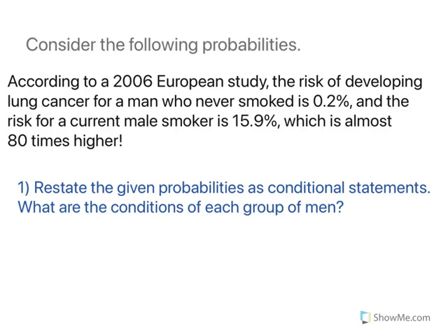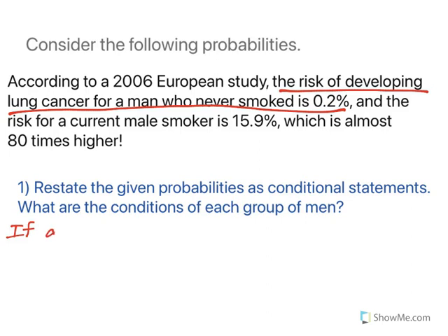So we're going to restate these two probabilities as conditional statements, thinking about what the conditions of each group are. The first one is the risk of developing lung cancer for a man who never smoked. We think of this in terms of "if."